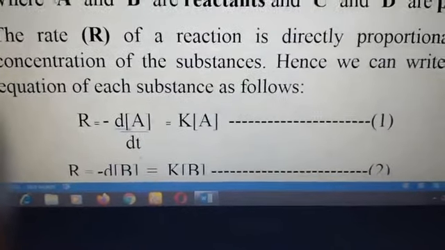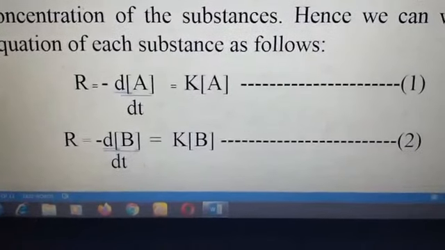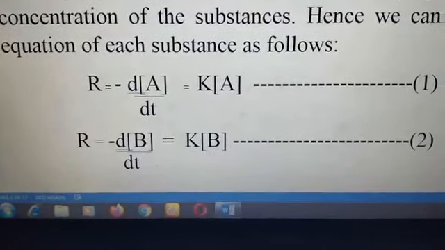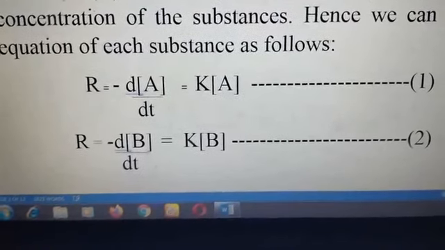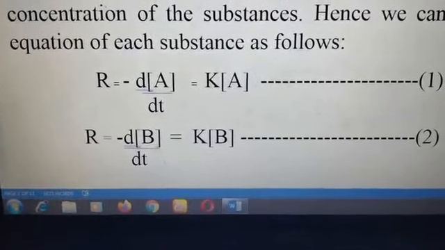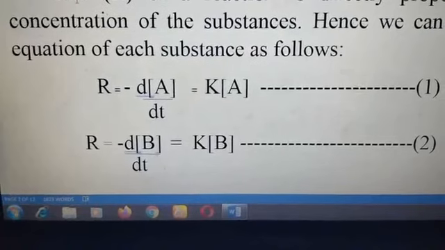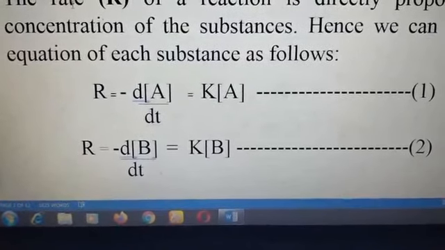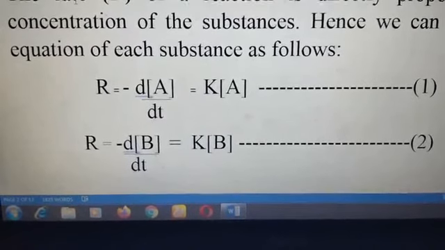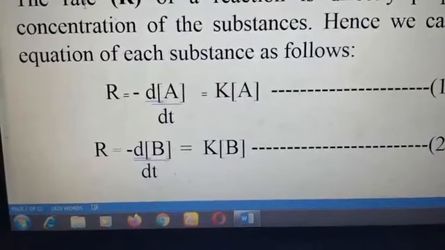The first equation says R, meaning rate, is equal to negative d, where d is called delta or change, then square bracket opens, inside it capital A. That square bracket in chemistry is called concentration. It's a symbolic way of representing concentration in chemistry. So when you have bracket A, it is pronounced concentration of A, all over dt, meaning change in time.